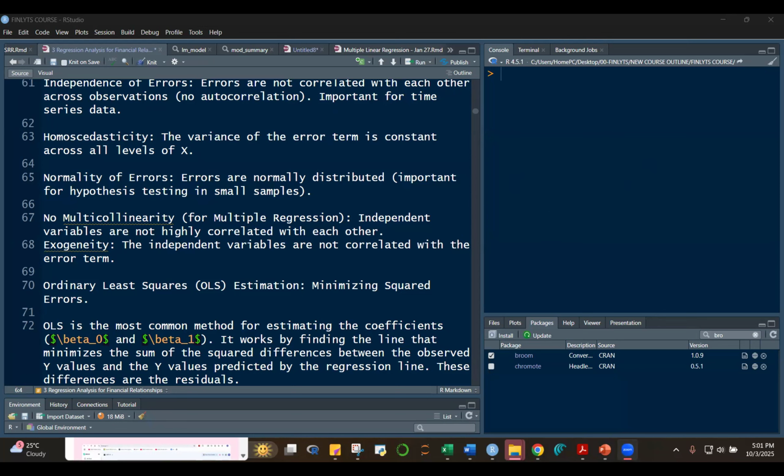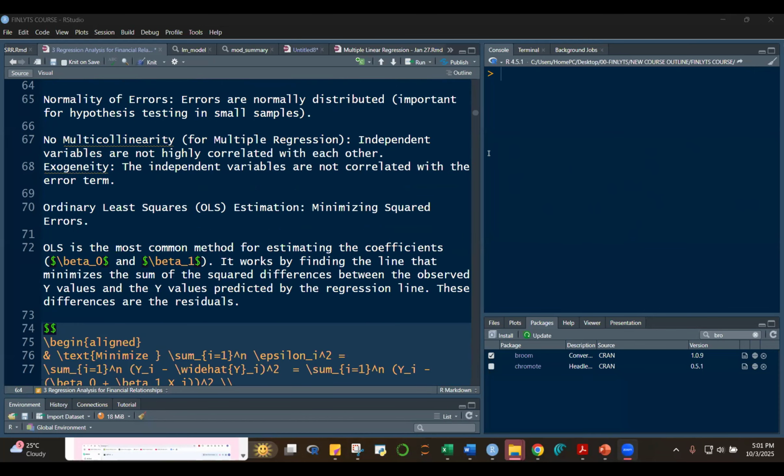We don't want the independent variables to be highly correlated. We want the independent variable and the dependent variable to be highly correlated. So when your independent variables are highly correlated, you might have a problem with multicollinearity. Okay, and there's a way to check that.